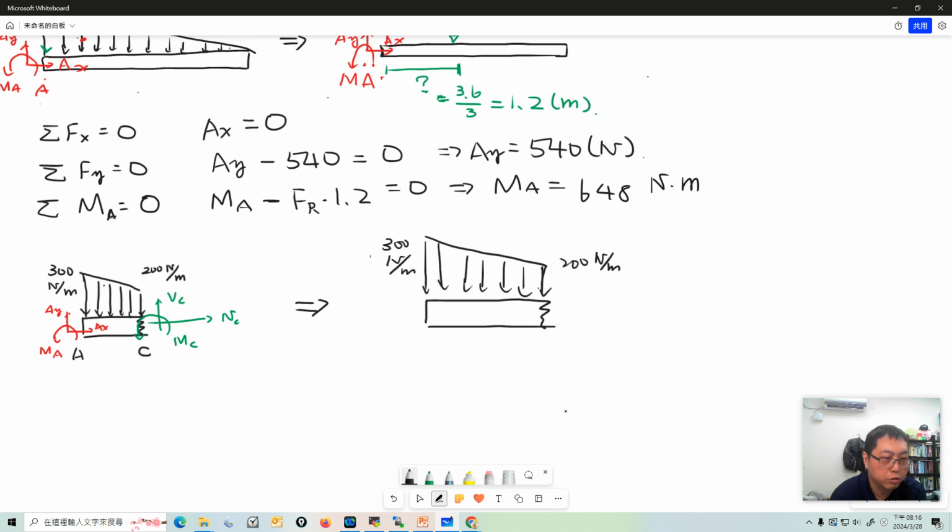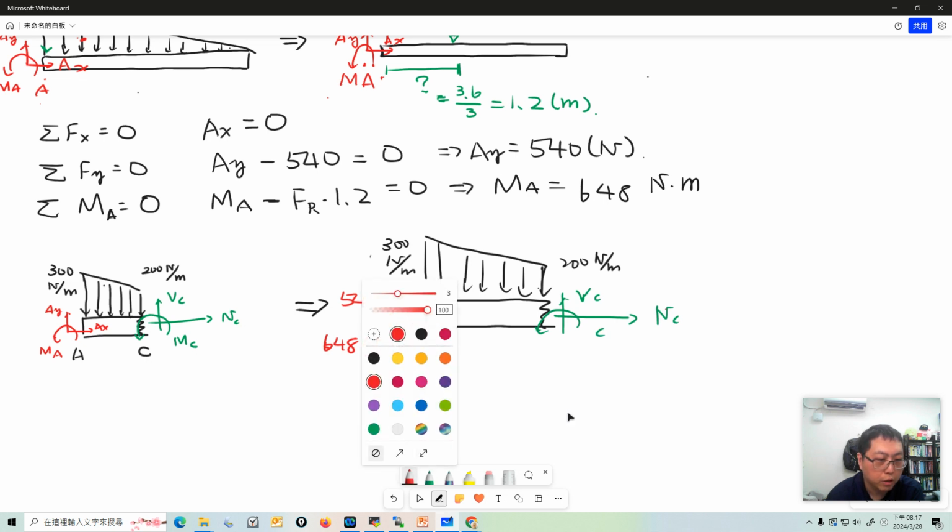We have the reaction force Ay at A, 540 Newton, and we also have a reaction moment, 648 Newton meter at A. And we also have the normal force, shear force, and moment at C.